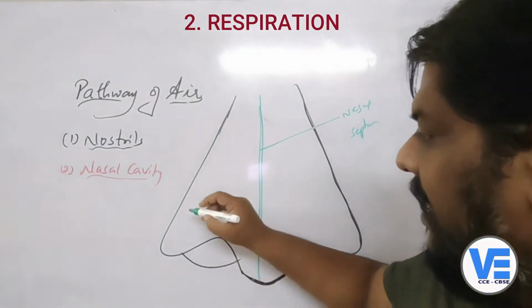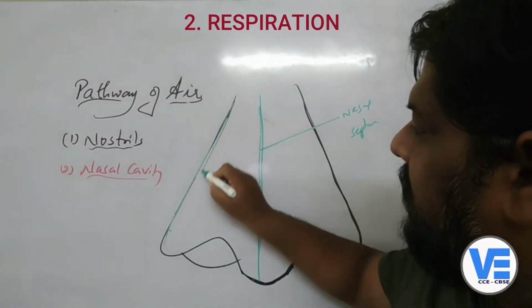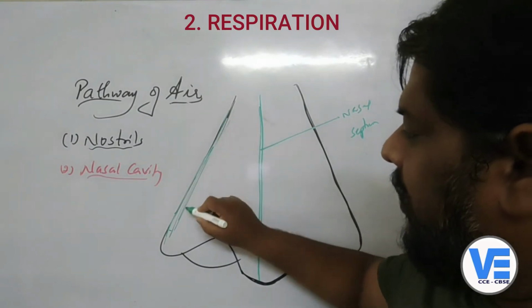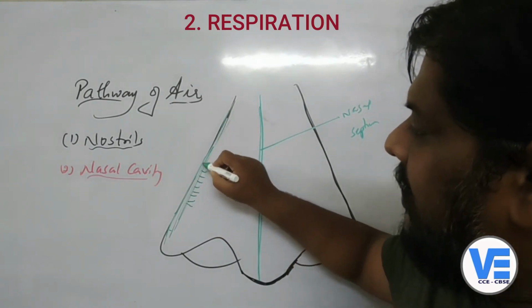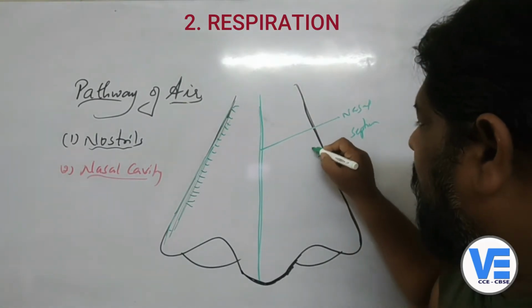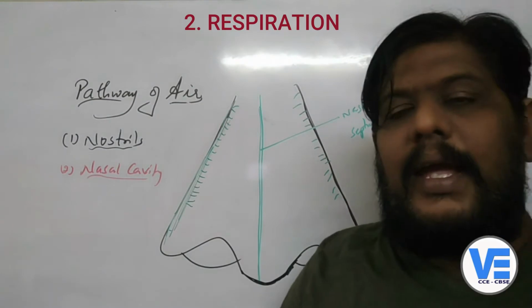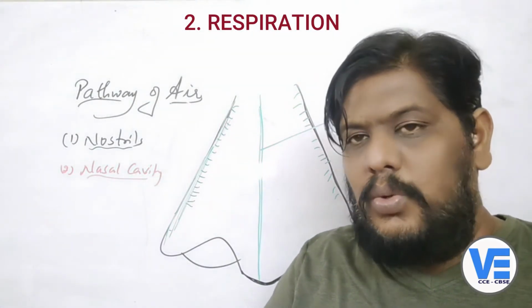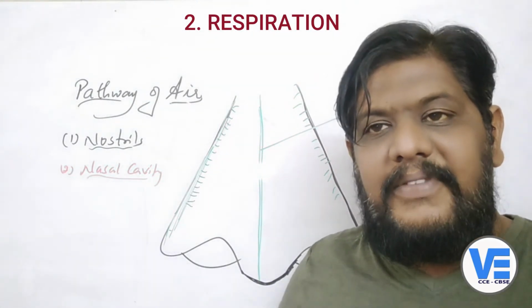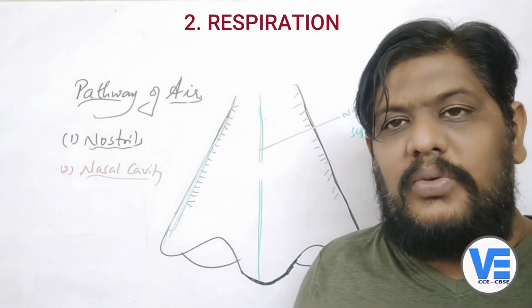This nasal cavity is lined by a mucous membrane, and there are also some tiny hairs in the nose. What is the work of these tiny hair-like structures? Their main function is to filter the air.